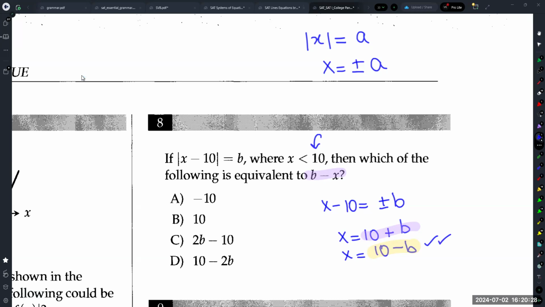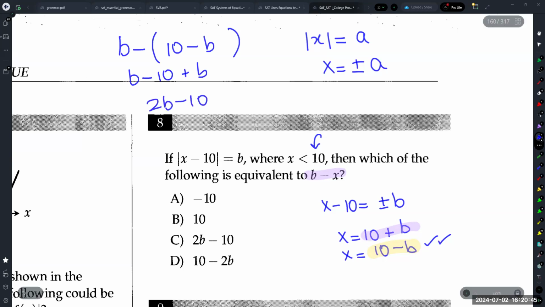So the X needs to be replaced with 10 minus B. If you plug that in, you get B minus 10 plus B, which becomes 2B minus 10. Do you understand this, guys? Please acknowledge. Yes, sir. What about the rest? Yes, sir. Okay.